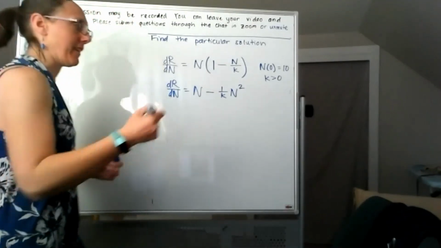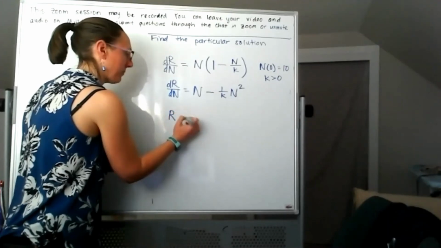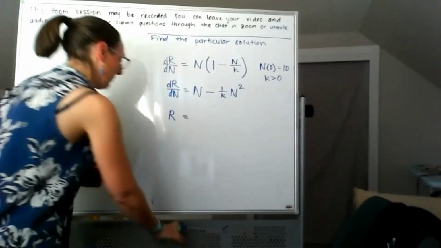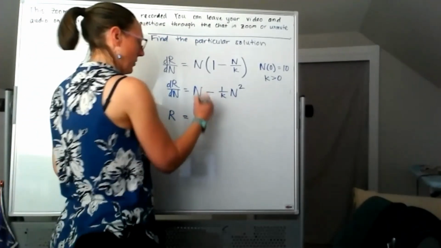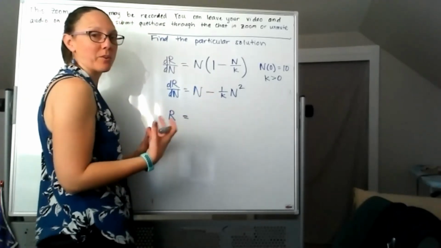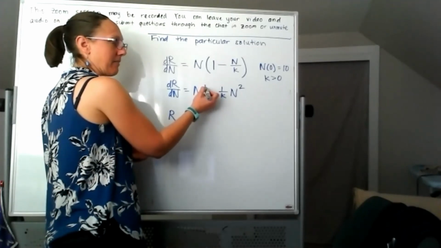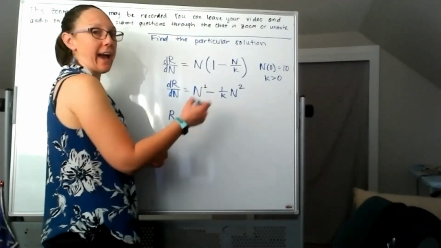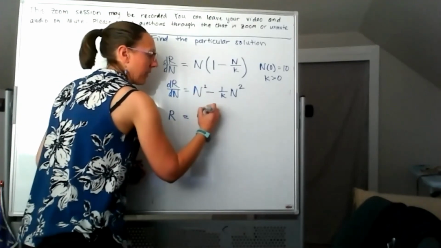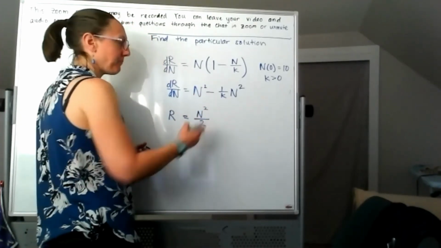We can go ahead and find the antiderivative and say that r is equal to, well, if I'm integrating n, and that's my variable that's acting like x right now, currently the exponent is an invisible 1. So if I add 1 to the exponent, I'll end up with n squared, and then we'll divide by 2.